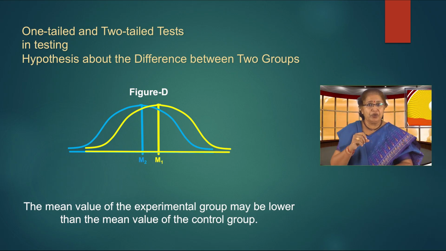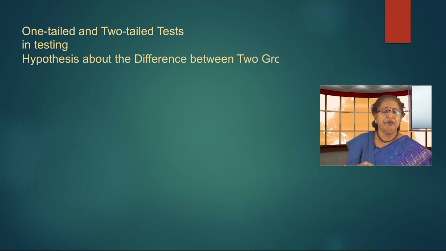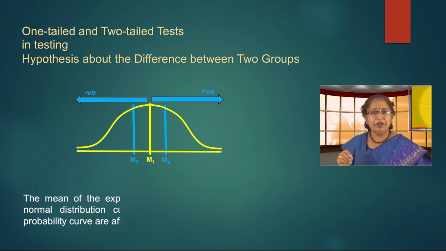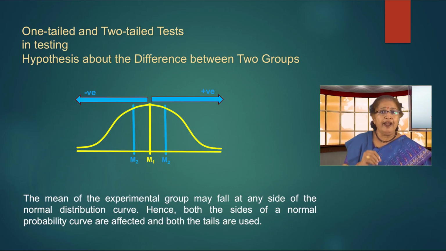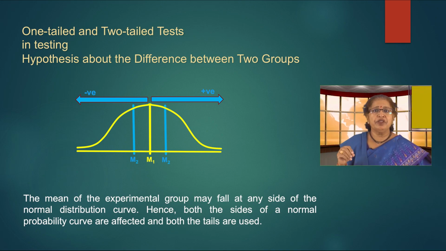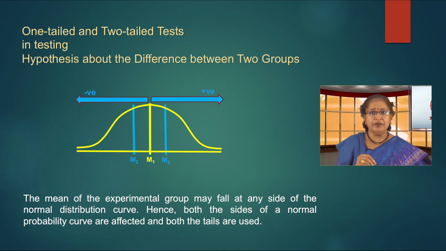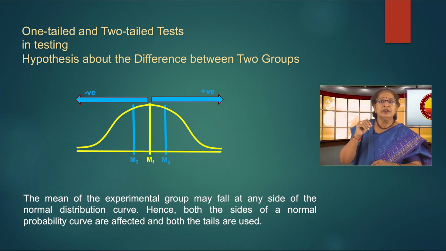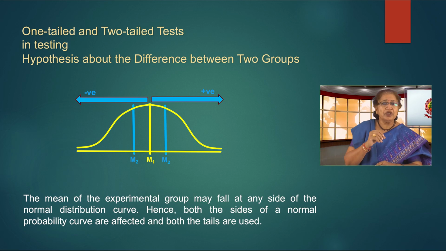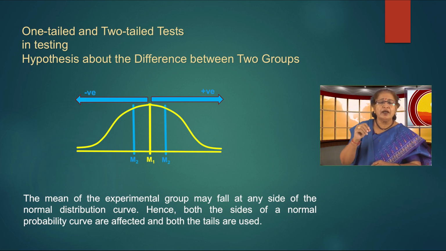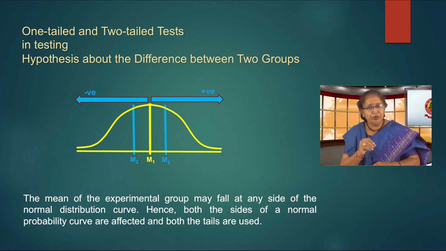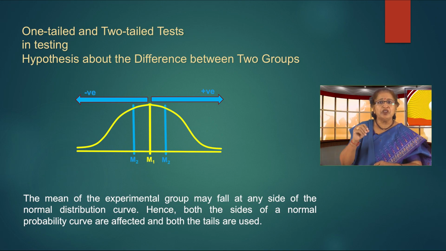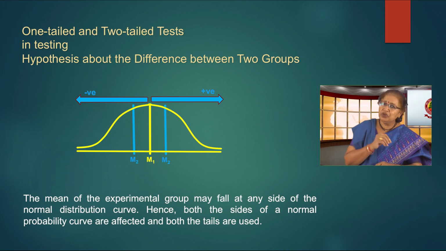This shows that the mean of the experimental group may fall on either side of the normal distribution curve, meaning thereby, in this case, both the sides of a normal probability curve are affected and both the tails of NPC are used.